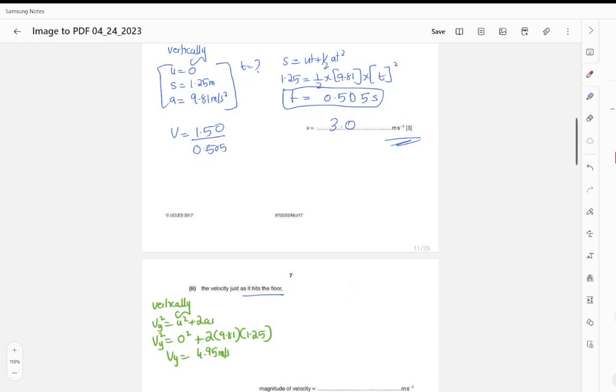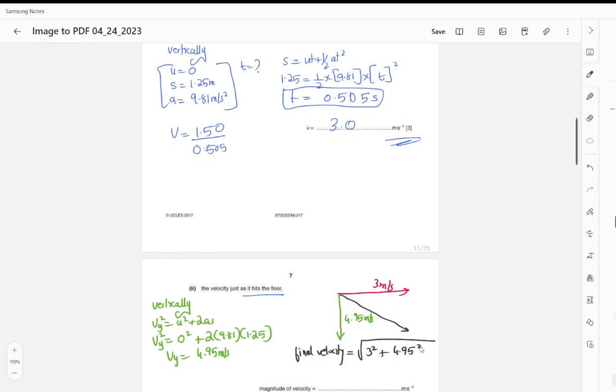So at the end of the day, the horizontal component is 3 meter per second and the vertical component is 4.95 meter per second. We can easily find the resultant velocity as it hits the floor. Using Pythagoras theorem, the final velocity must be equal to the root of 3 square plus 4.95 square.